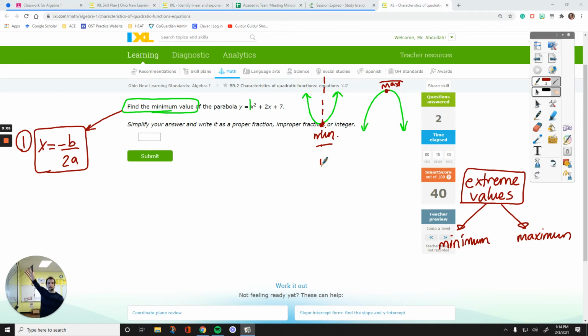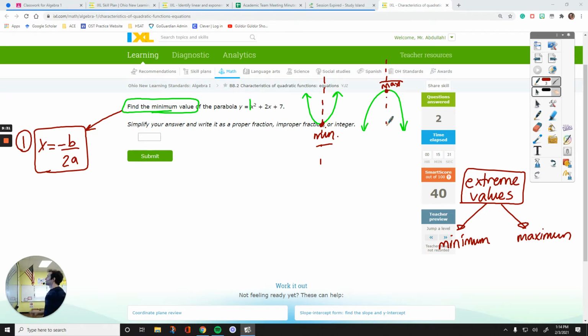So that dotted line is going to cut the graph into equal pieces. So whatever number you get for x, when you plug it in, you will find the y value. The same thing applies to this one. You find the negative b over 2a, you plug it in to find its y value.